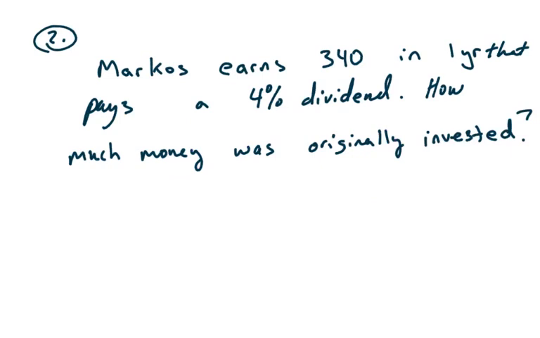Marcos earns $340 in 1 year. That pays a 4% dividend. How much money was originally invested? So here you want to be careful because what's happening is he made $340, right? So if he invests at a 4% rate, the question is asking, what was the initial amount? So to solve this, we would want to get rid of the 4 over 100.